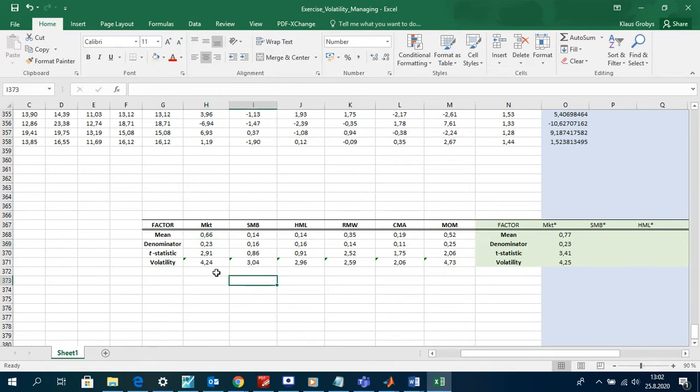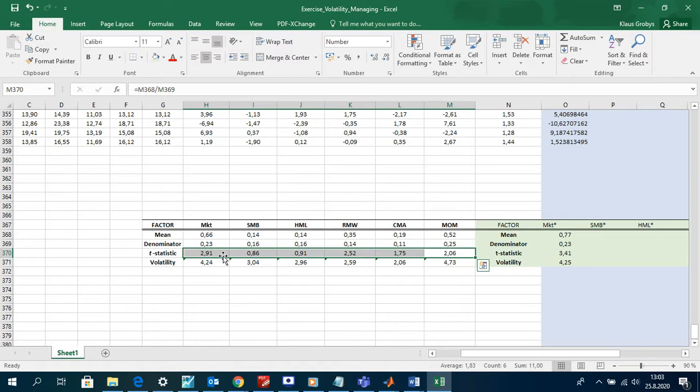So in the t-statistic, we have in the numerator the mean, so the sample average, divided by the square root of the variance divided by the number of observations. So the t-statistic for the market factor given the sample period is obviously 2.91. And here you see the corresponding sample averages of the other factors as well.